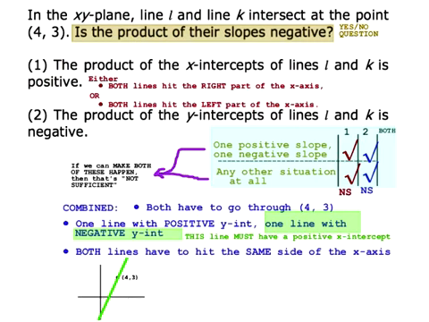What do we know about the other line then? So we've got this line here. The other line, the line we haven't drawn yet, has a positive x-intercept because it has to, and then it has a positive y-intercept because statement 2 says so.